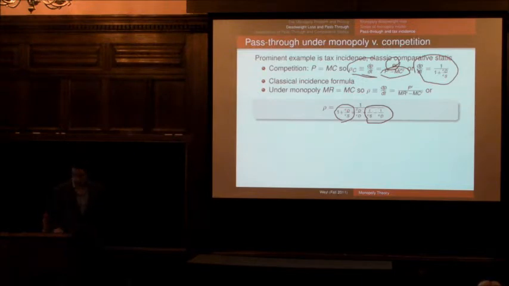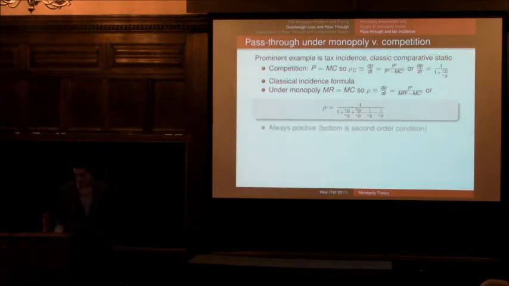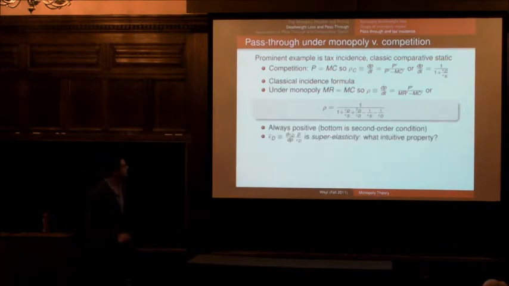But the really crucial part is here. This is what's called the super elasticity of demand. That thing with the line over it is the super elasticity of demand. And the super elasticity is defined as the elasticity of the elasticity.